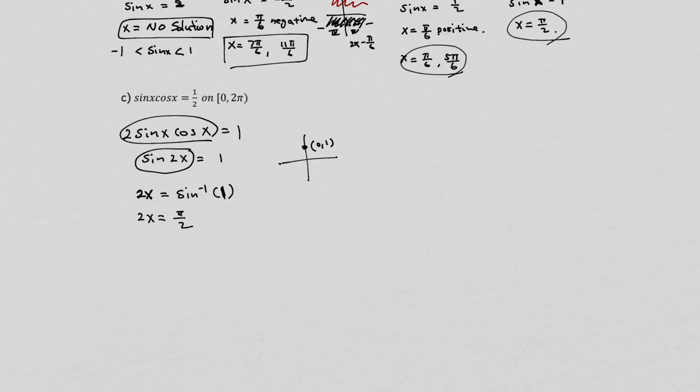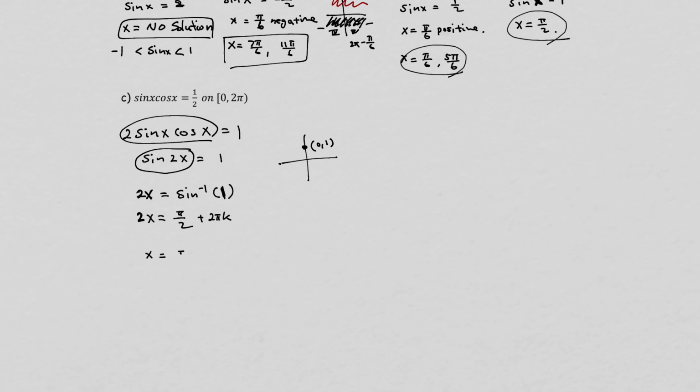And when you divide both sides by 2, to get rid of this 2, you need to make sure you have more rotations added before you divide. And when you divide by 2, you divide everything by 2.